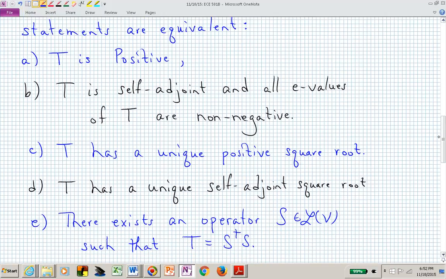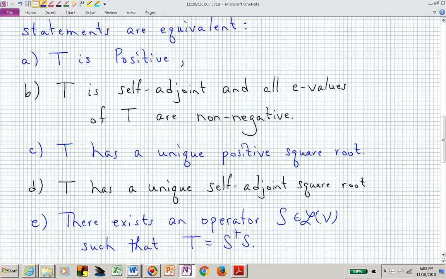We'll prove this in a little bit, but let's just remind ourselves, and I've tried to alternate colors so that they stand out. (a) T is a positive operator, which means that it's self-adjoint and has this non-negative inner product relationship. This is equivalent to (b) T is self-adjoint, obviously, since that's part of the positive piece, and this is different: (c) all of the eigenvalues of this linear operator are non-negative.